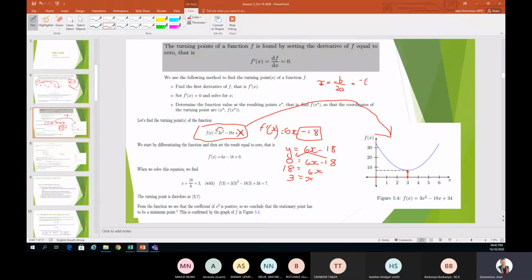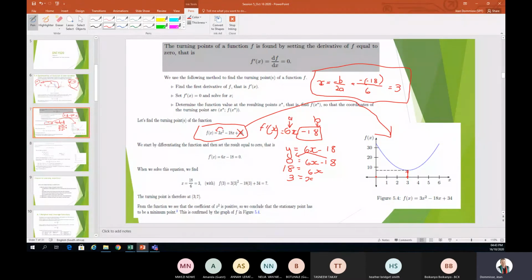So will it be minus 18? Because the b will be that. The a is looking at that one. So it's divided by 6, which will also have given you 3. Okay, so that is basically also how you could have calculated the turning point.